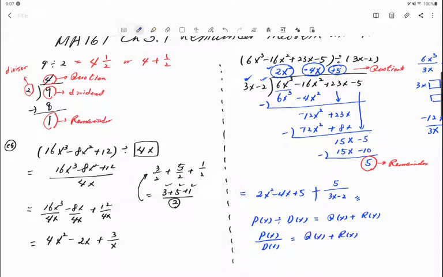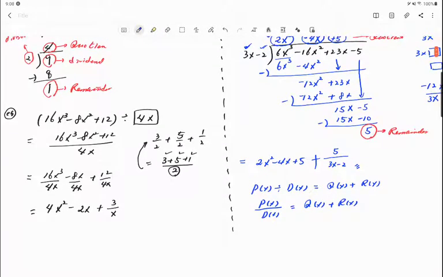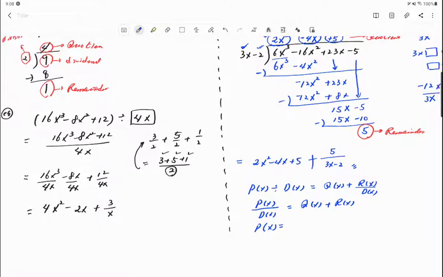So from this, multiply each side by D of X. Then we have a polynomial. So the polynomial is equal to what? Okay, once we have the remainder, the remainder will be divided by what? D of X, right? The divisor. That's what we did.